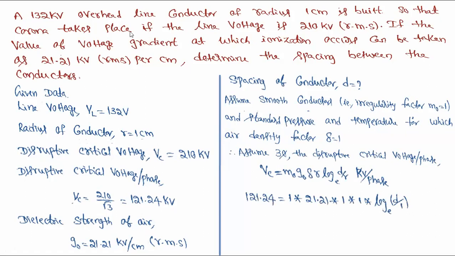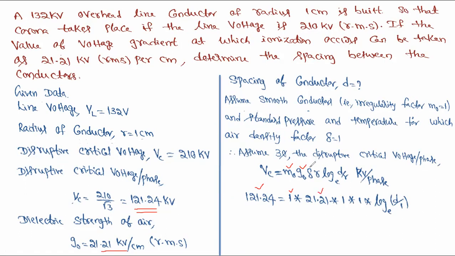And what is the value of the disruptive critical voltage? That is, Vc in kV per phase is 121.24. We are assuming that for a polished, smooth conductor the irregularity factor is 1, and the dielectric strength of air is 21.21.